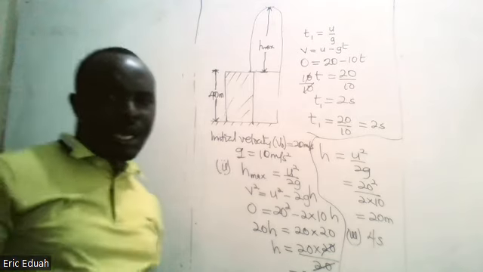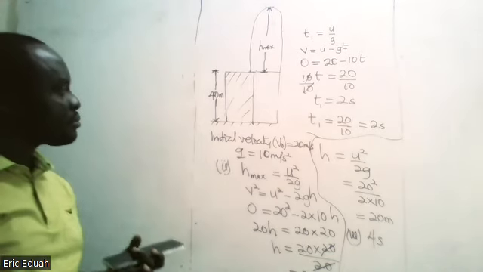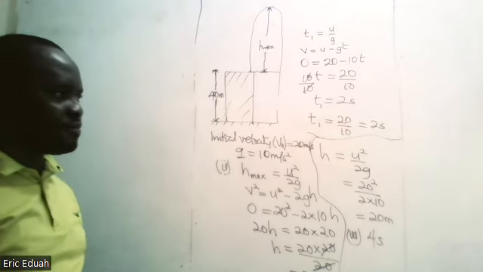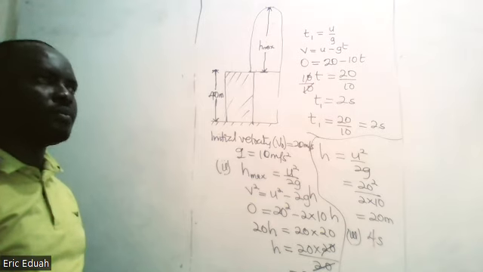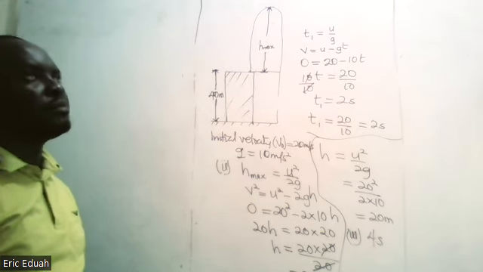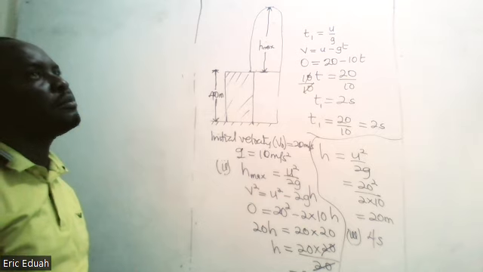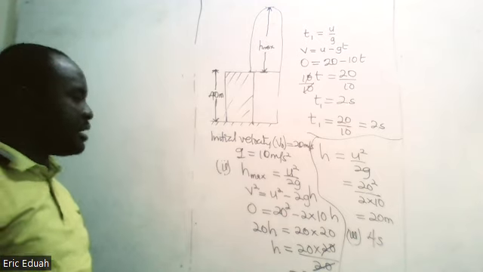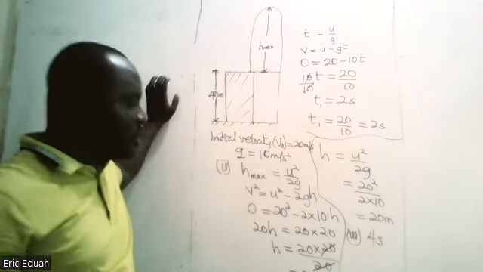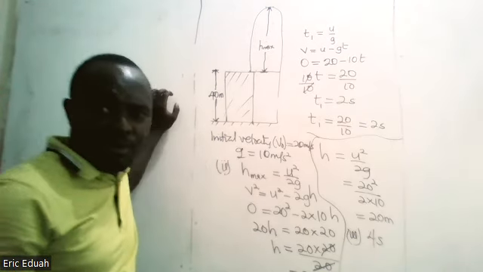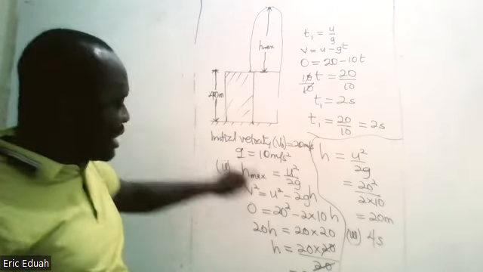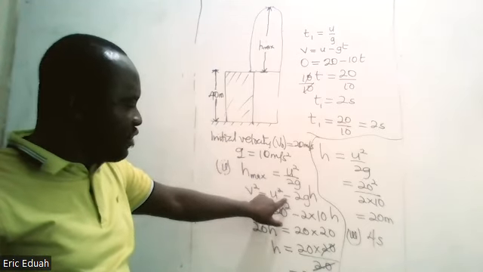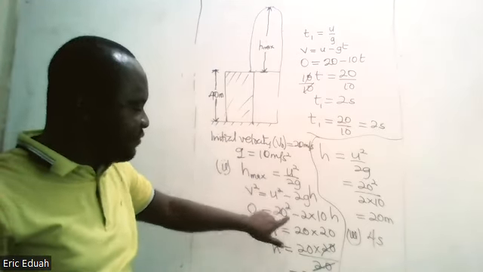If you want to, Kelly. Ms. Idia, please, for upward motion, isn't acceleration normally negative 10 meters per second squared? Yes. But the question gave it in positive. So does that mean that when the question gives it in positive, you should just use it? Kelly, that is why in our equation of motion, we are using negative.